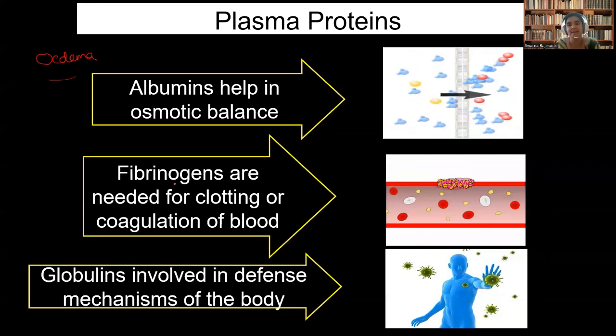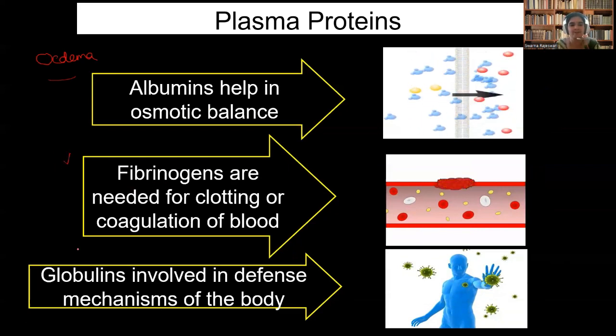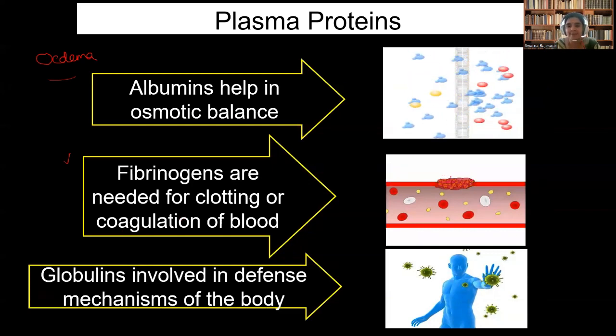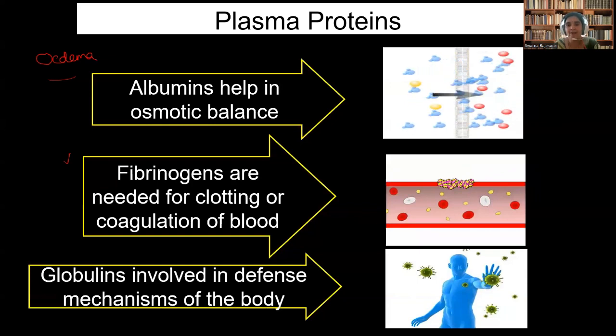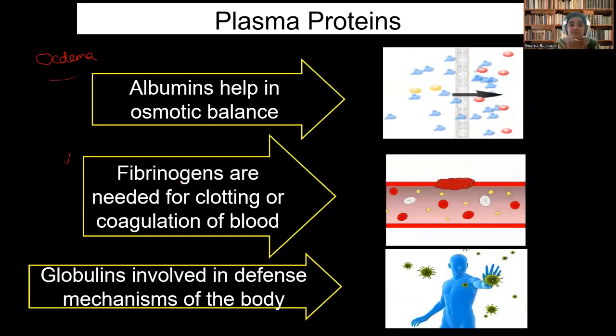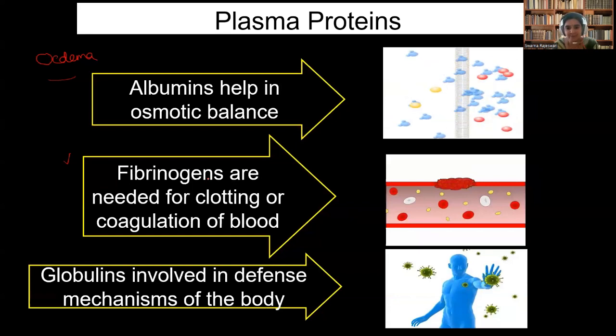Coming to the next type of plasma proteins, which are fibrinogens. These fibrinogens help in the coagulation of the blood. When there is an injury, the blood will come out. This blood which has come out has to be coagulated, or it has to form a clot, which we call coagulation. Fibrinogens are the plasma proteins which are very much essential for clotting or coagulation of the blood.